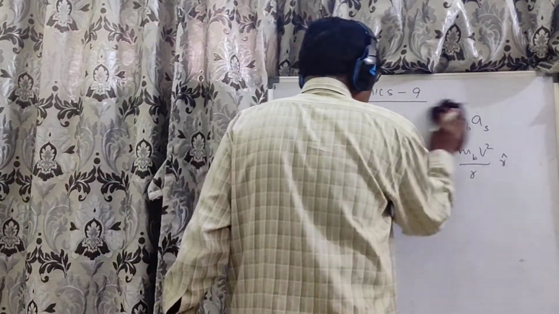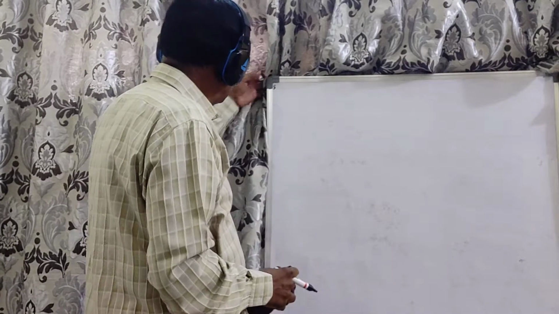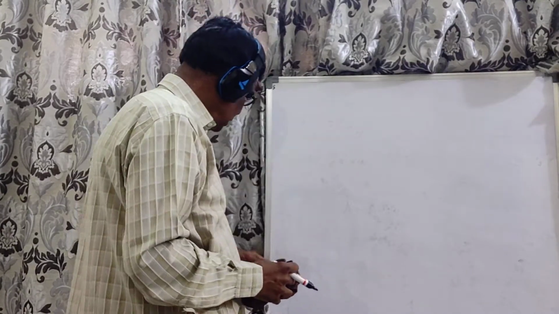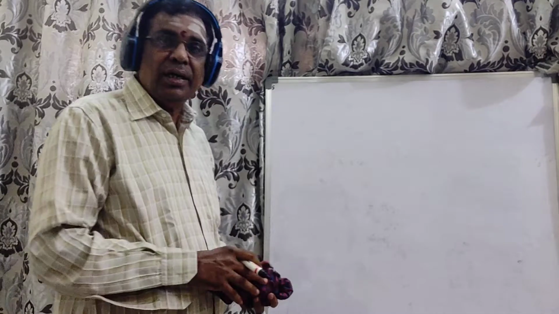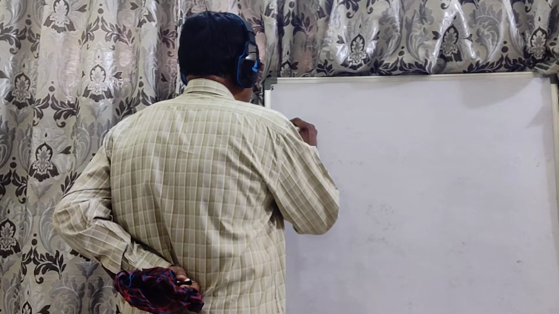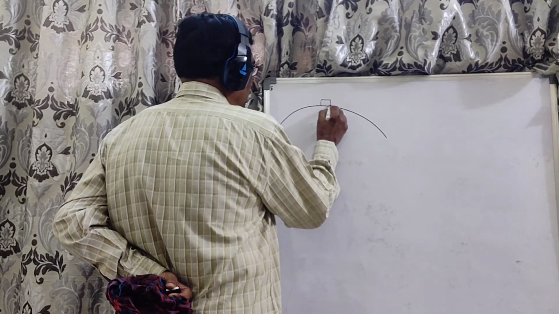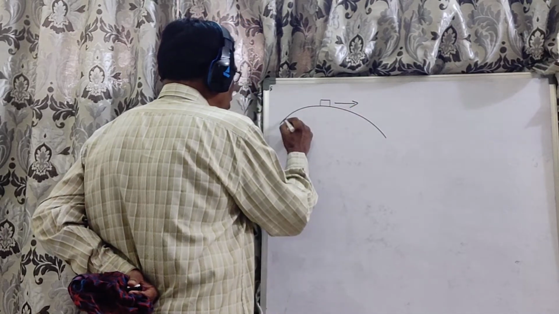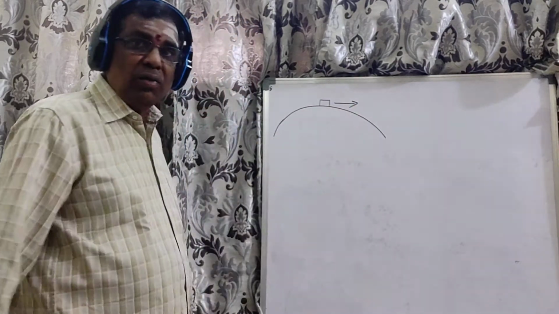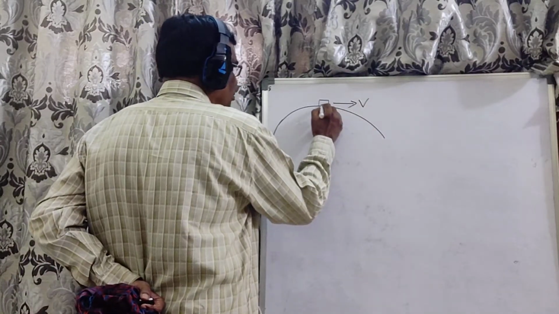Now, what is the fundamental topic that we are discussing? Basically the normal force. I take a case like this, where the body is going on top of a convex surface with certain velocity v.